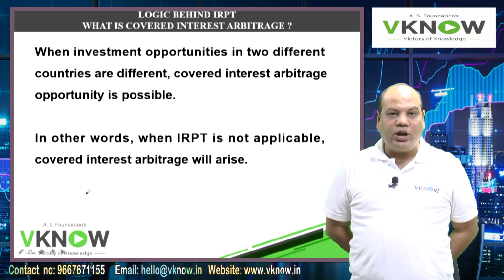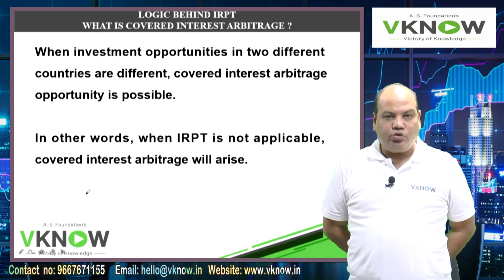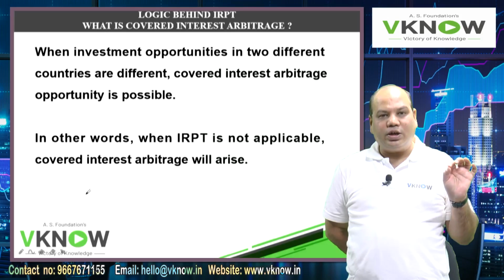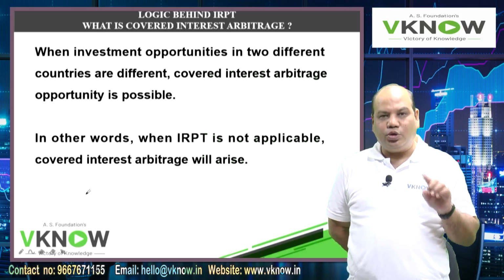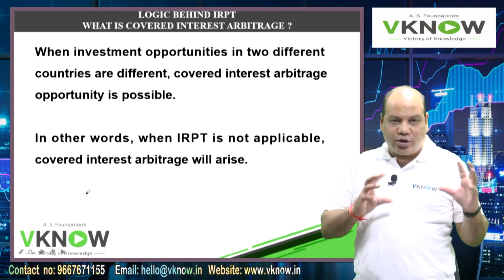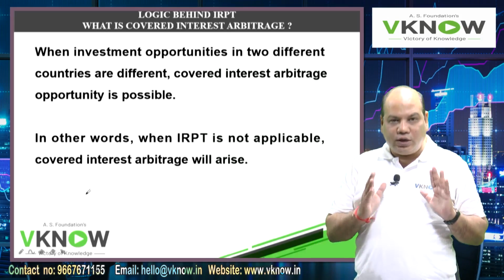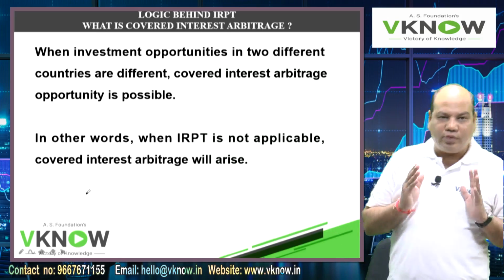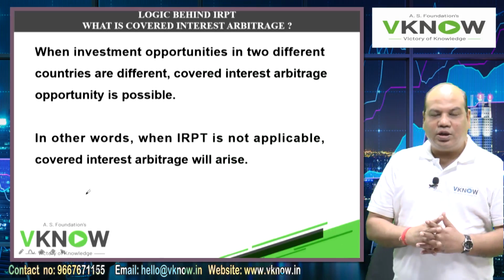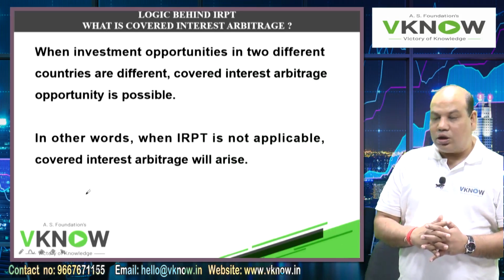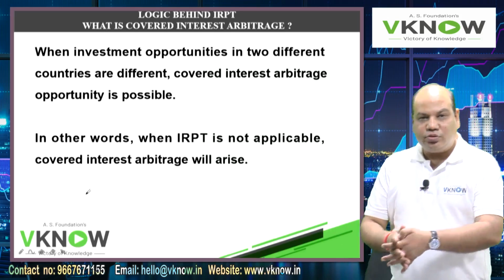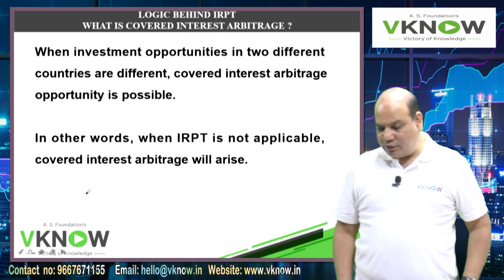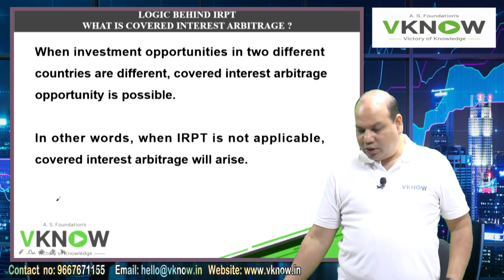It means that if IRPT theory is not getting applied, that is, the equation (1 + RD) / (1 + RF) = F/S is not matching, then it is possible to borrow in one country and invest in another country. This is called covered interest arbitrage: borrow in one country, invest in another country, and make arbitrage profit.